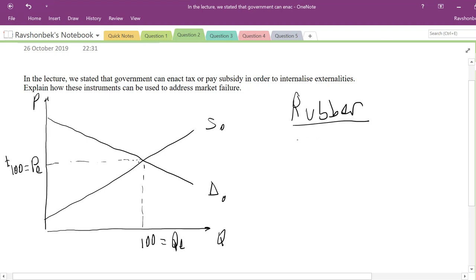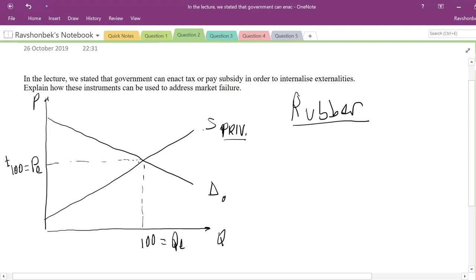Now the rubber manufacturer will certainly be taking into account the private costs of supplying the rubber. So it includes raw materials cost, wages, rent, and everything. Those are material or monetary costs.